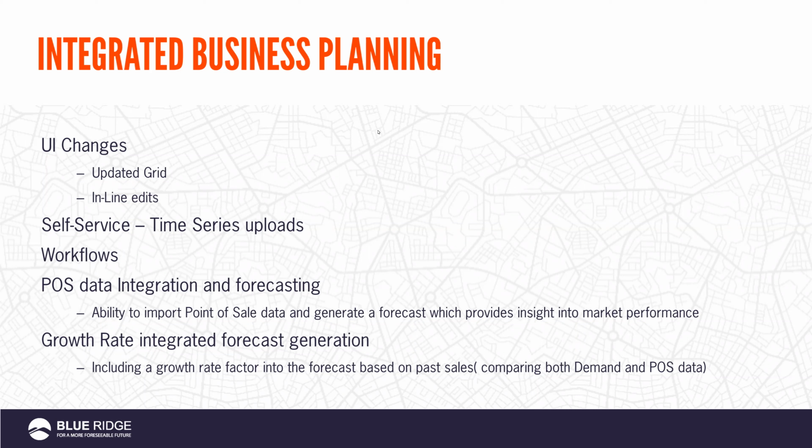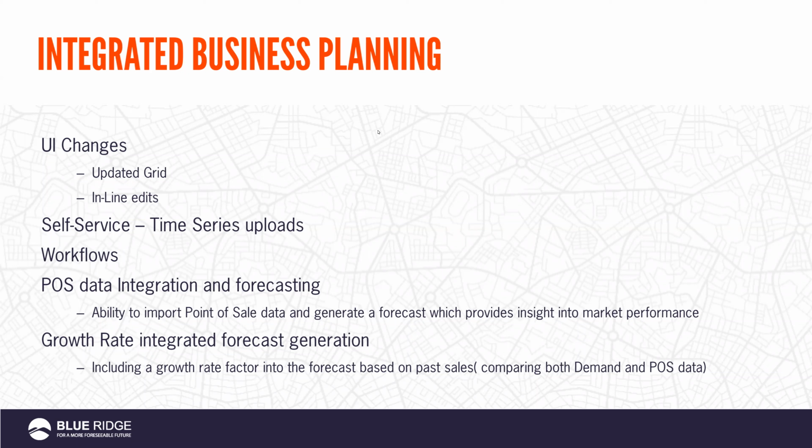Driven by some specific customer requirements, we've also added enhancements to be able to support taking in sell-through data or point of sale data and be able to forecast against that, in addition to your direct sales or your sell-in that you're already able to do within supply chain planning.